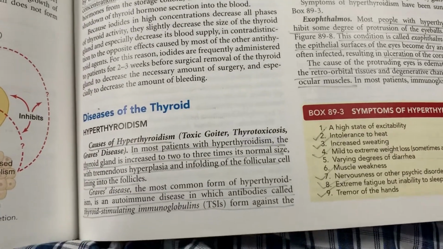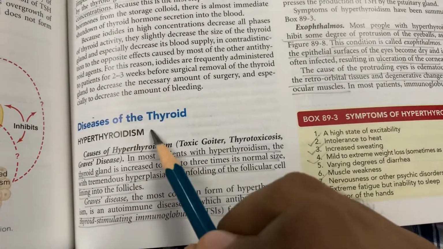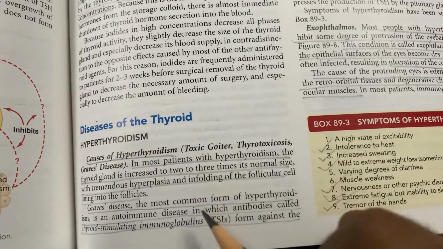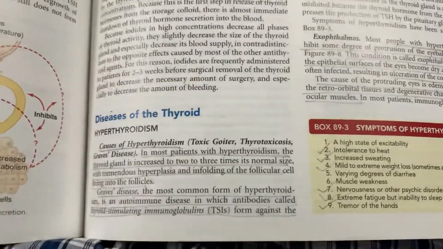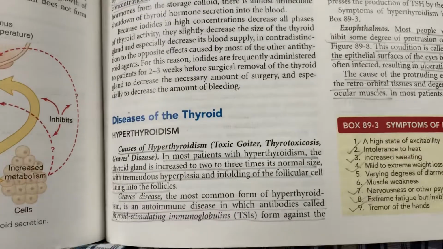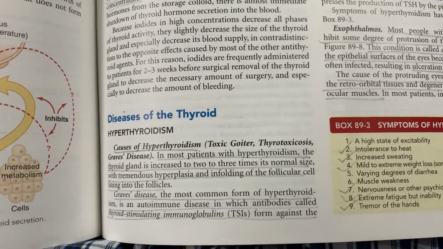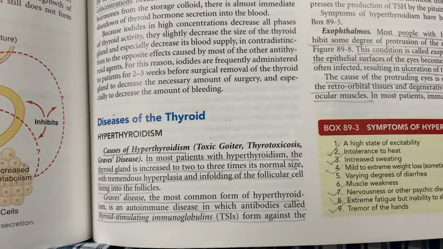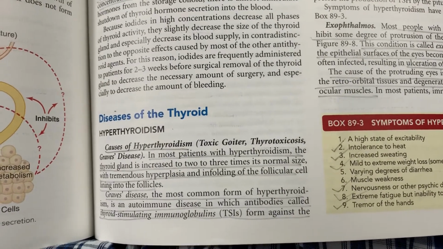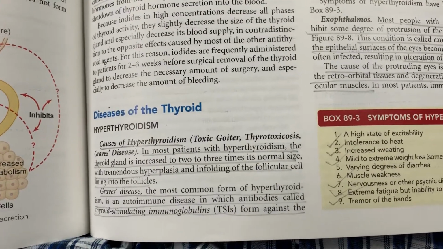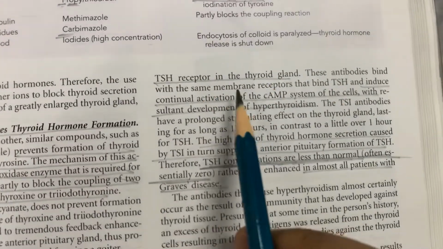Finally, when we talk about the diseases of the thyroid, first we have hyperthyroidism, which is an increase in thyroid hormone secretion. In most patients, the gland is increased to 2 to 3 times its normal size. Graves' disease is an autoimmune disease in which thyroid stimulating immunoglobulins, TSIs, form against the TSH receptor in the thyroid gland.